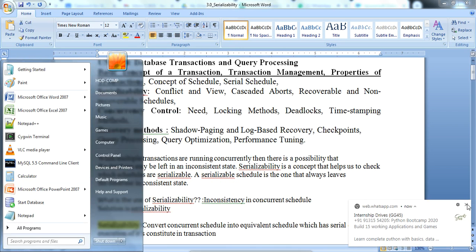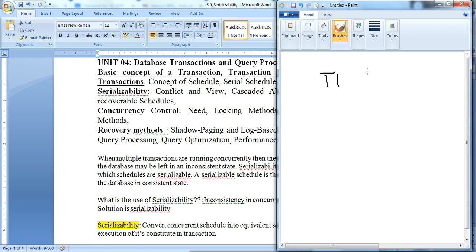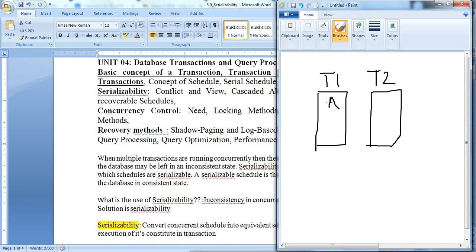For example, T1 and T2 have different operations. T1 updates A, T2 also updates A, or T1 reads B and T2 reads C.